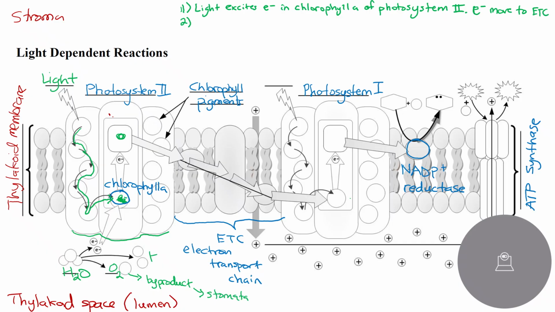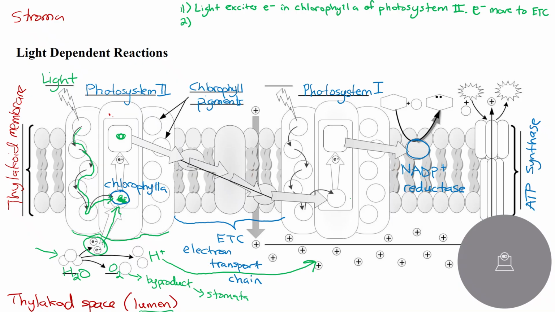Then hydrogen ions are also created, which contribute to this here inside the lumen. And finally, it releases electrons, and the electrons are placed back on chlorophyll A. So the big question is, what is the source of the electrons that are moving all the way to the Calvin cycle? Well, it comes from water, so you need to know that.